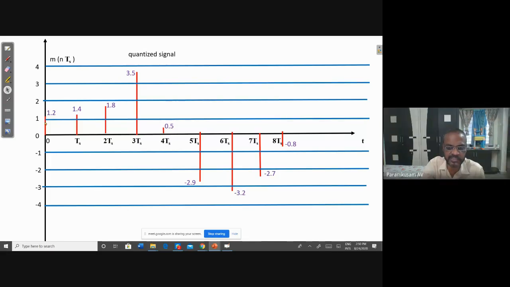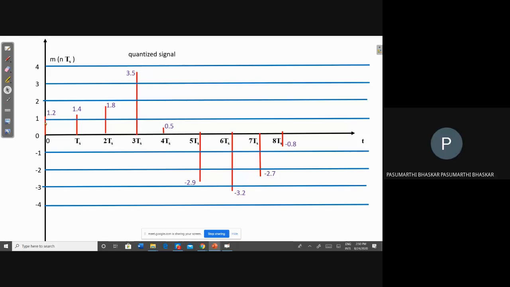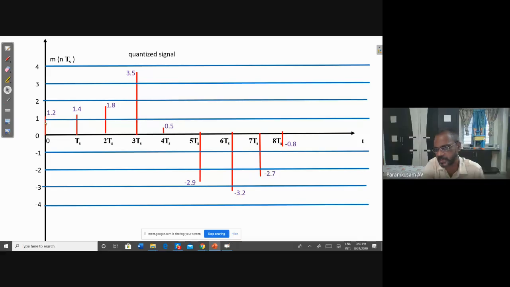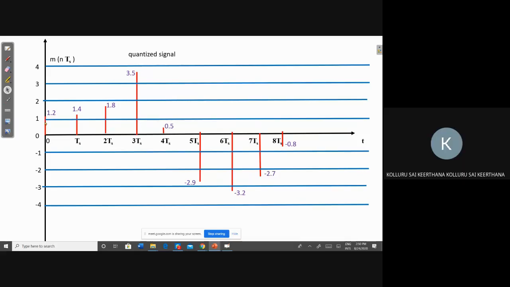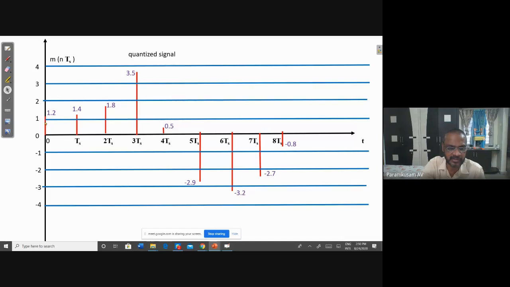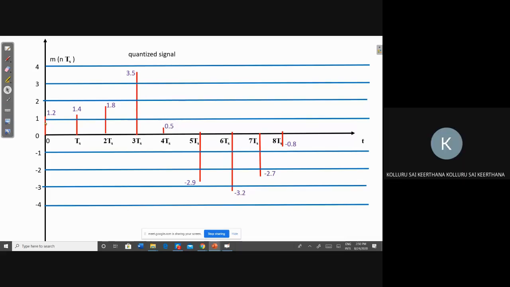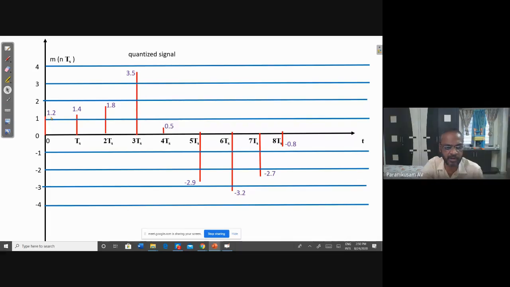Who is 69? దిలీప్ కుమార్. ఉన్నాడా? క్లాస్ లో ఉన్నాడా లేదా? ఉన్నాడు. చెప్పండి ఆన్సర్ చెప్పండి. 1.2 అనేది ఏ ఇంటర్వెల్ ఉన్నది బాబు? 1.2 lies in which interval?